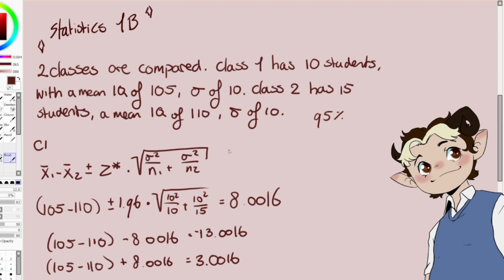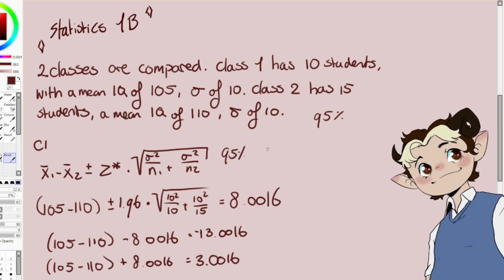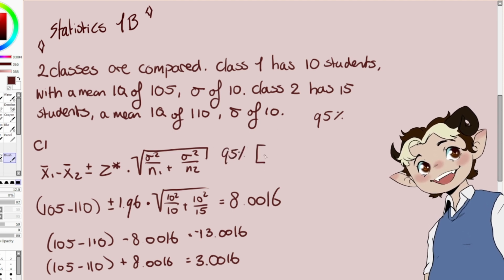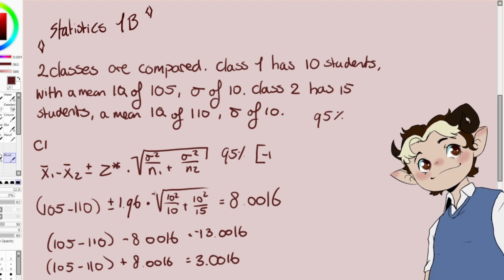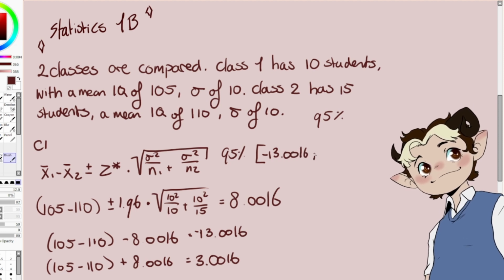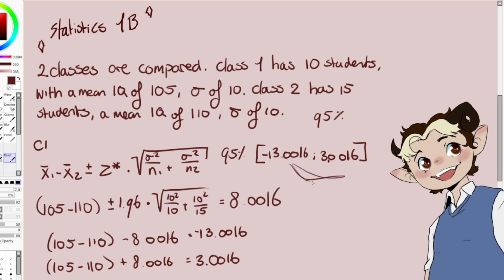So we can say with 95% confidence that the true population difference will be between minus 13.0016 and 3.0016. There we go.